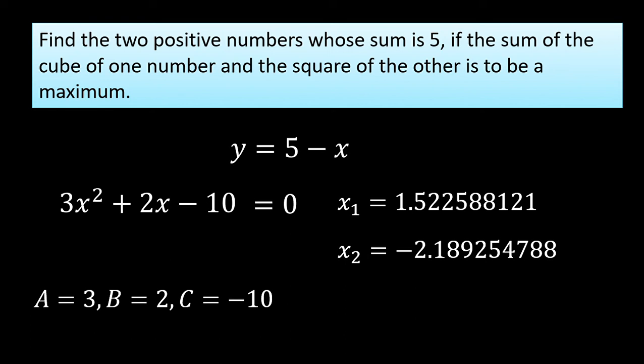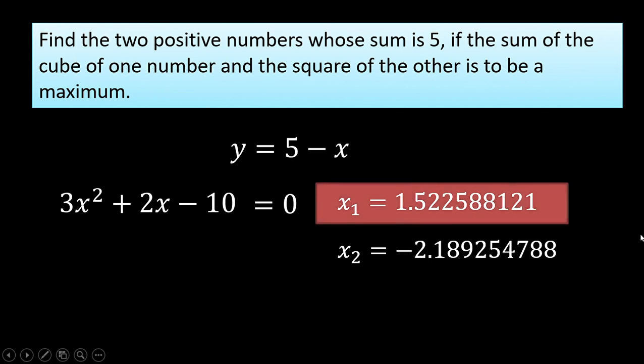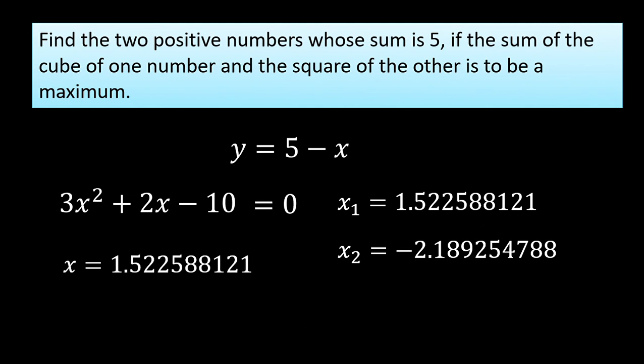As you can notice, there are two values of x. What we will take here is the positive one, because the problem says to find the two positive numbers. So the first number we got is 1.522588121, as shown. This is now the first positive number.